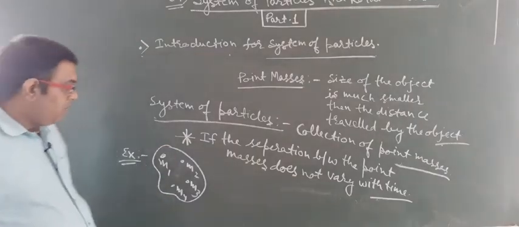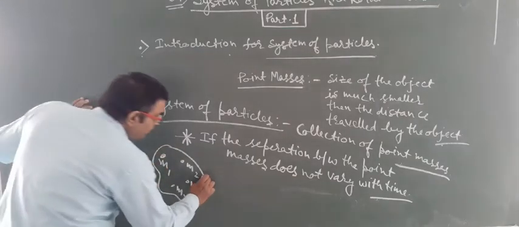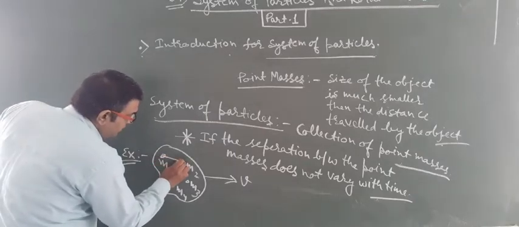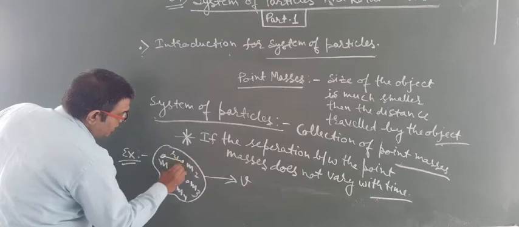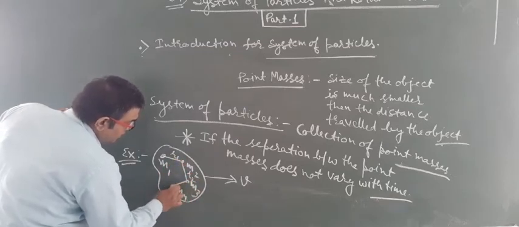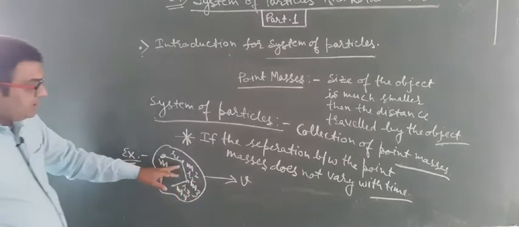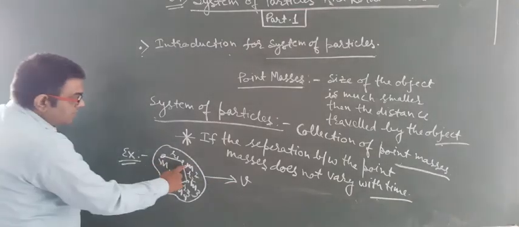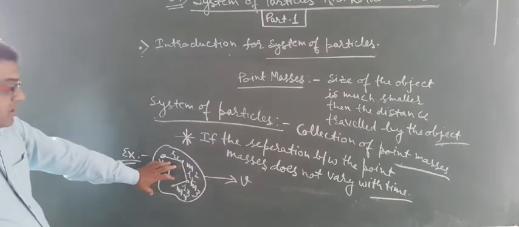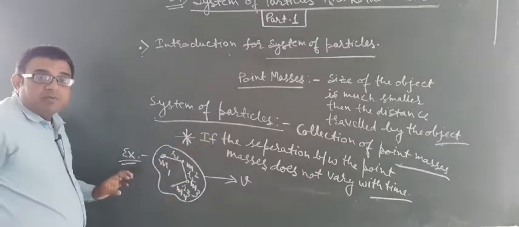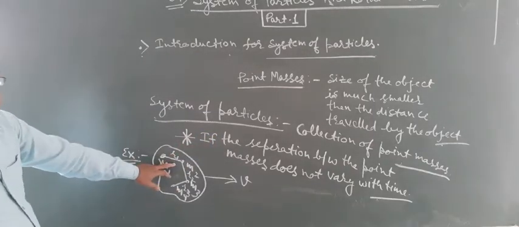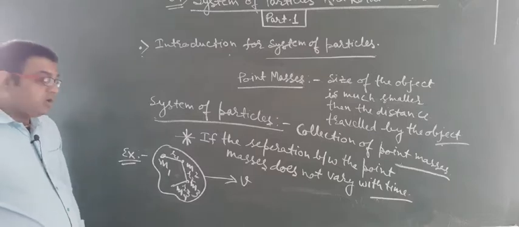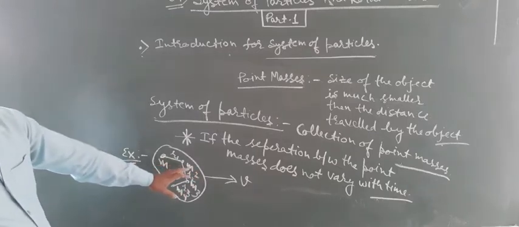Now, if this whole object is moving with velocity v, and the separation between these is r1, r2, r3, then all the masses of which this object is constituted are moving with velocity v, and the separation between M2 and M3, or M3 and M4, is not going to change.